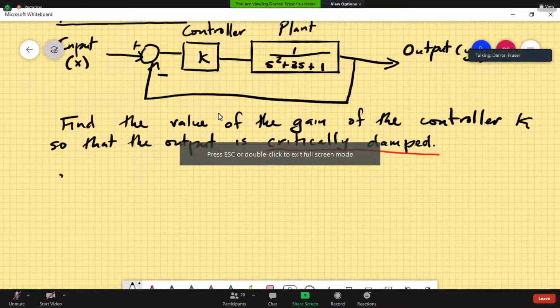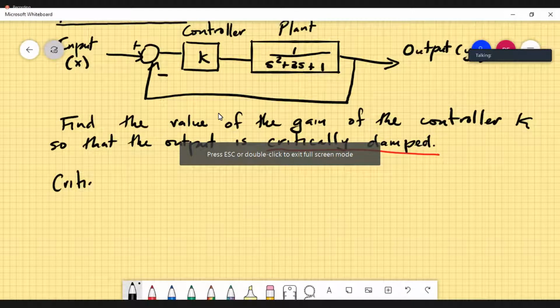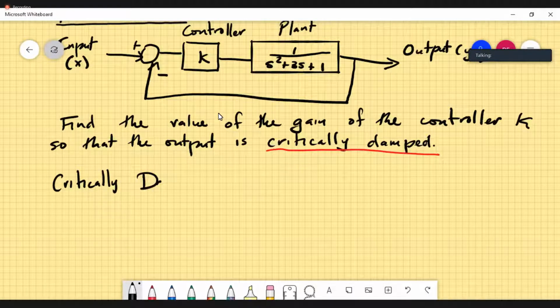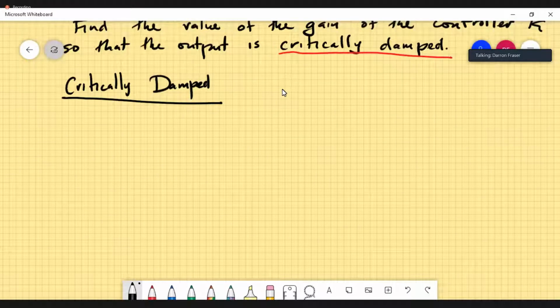What do you mean by critically damped? Anybody remember? So it doesn't oscillate. It just dies out real quick. Okay.